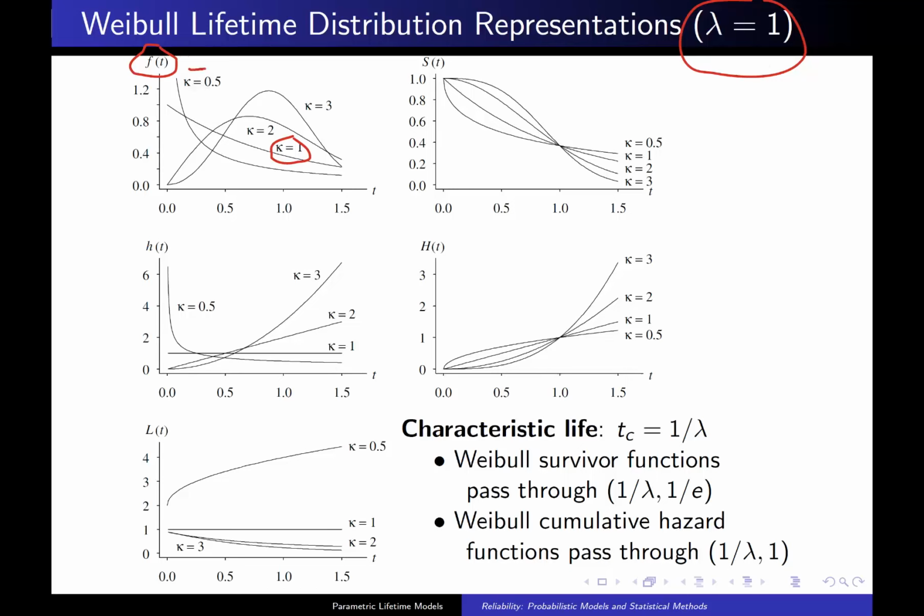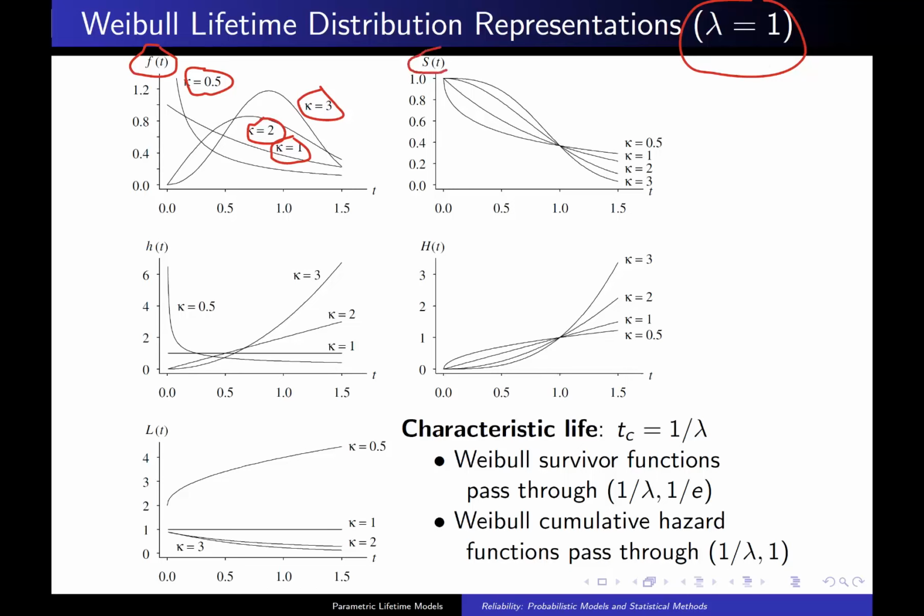When kappa is less than 1, you get a probability density function that has a high probability of failure early and then decreases from there. And notice that kappa equals 2 is the Rayleigh distribution from before. And for kappa equals 3, this is that range from 3 to 4. It has kind of a bell shape to it, and that can be valuable in some applications.